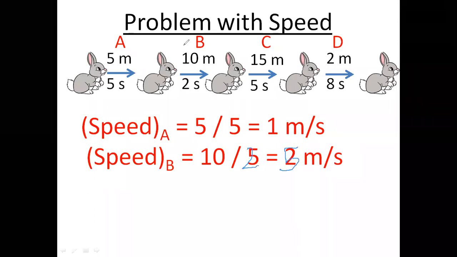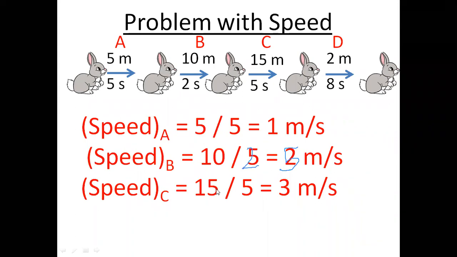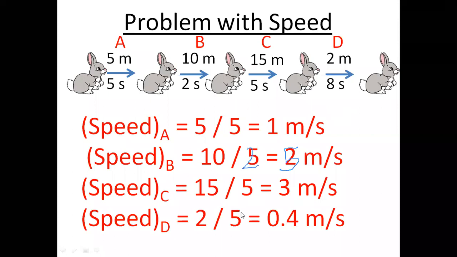Okay, sorry. Chalo. Next thing for C, the answer would be 15 by 5. So that would be 3. 5 ones are 5, 5 threes are 15. Correct? And for the last one, 2 by 8. That is 1 by 4. So 1 by 4 answer would be 0.25. Okay? So it's a very simple calculation. That is 2 by 8. Okay. So let me again change that. Okay. So this is how much?